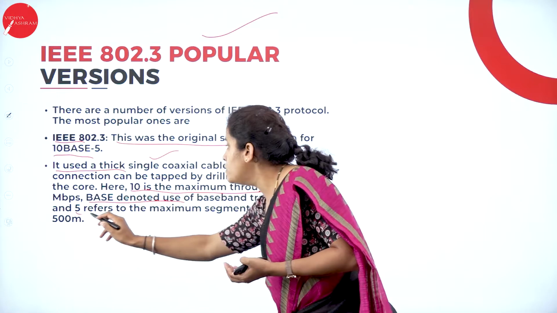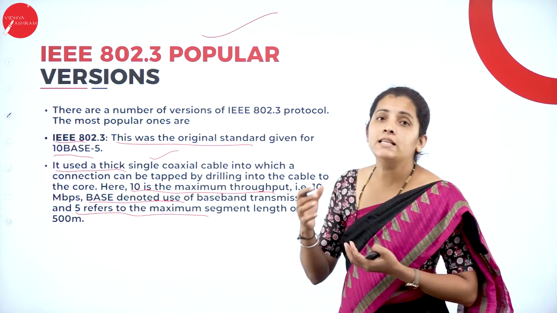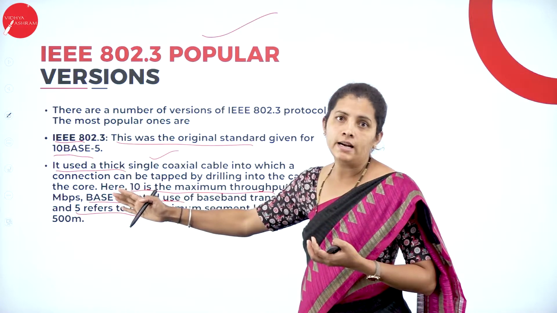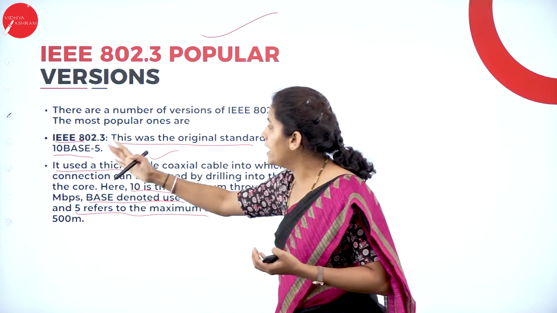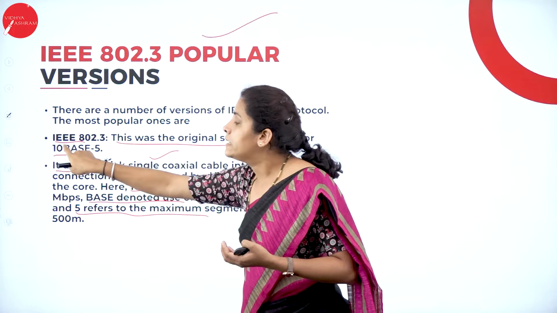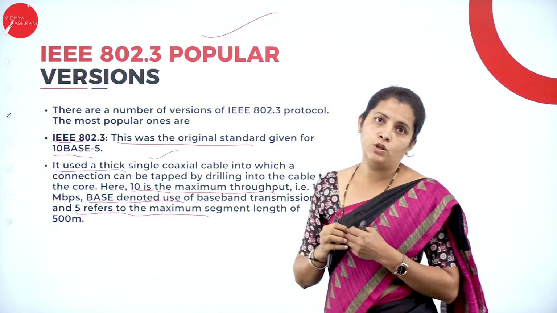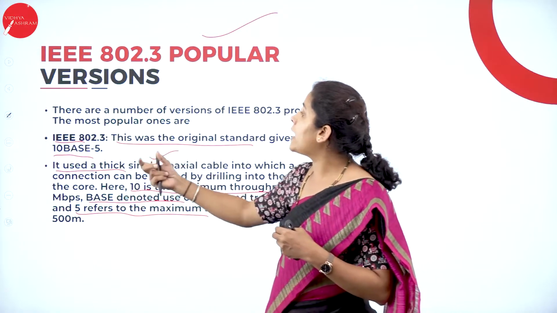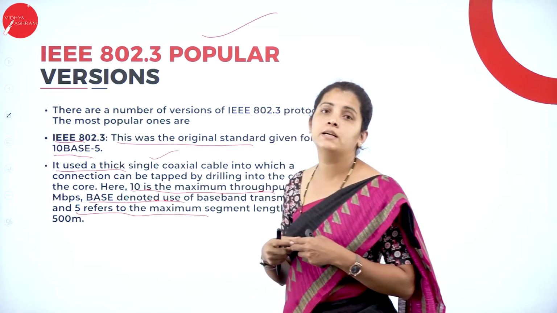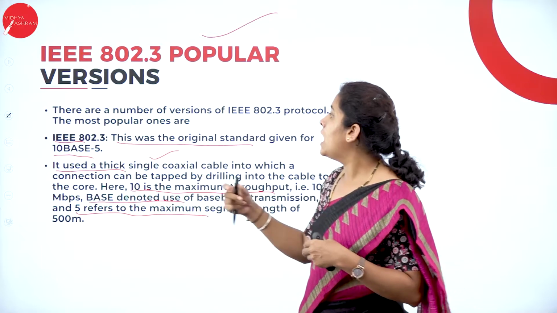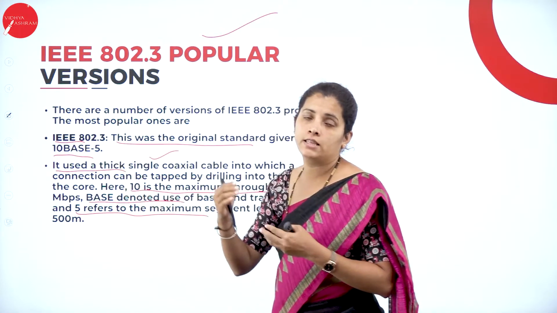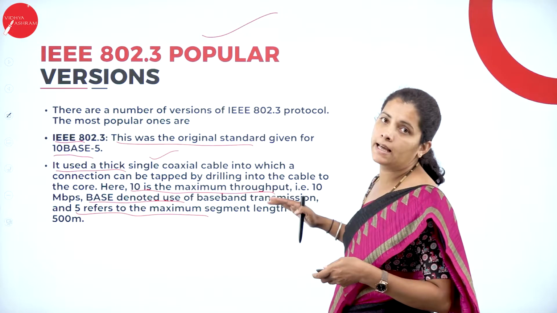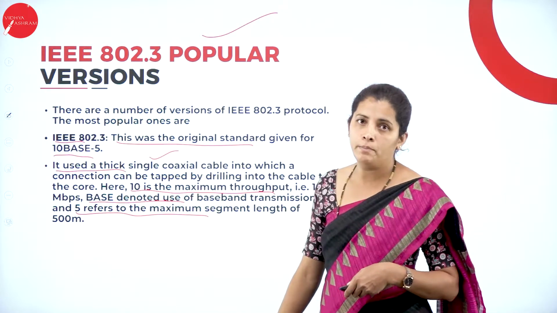So, here 5 refers to the maximum segment length of 500 meters. I repeat, 10 is the throughput, that is the data transmission rate, whereas base is baseband transmission and 5 is the length. Here the maximum segment length is 500 meters.